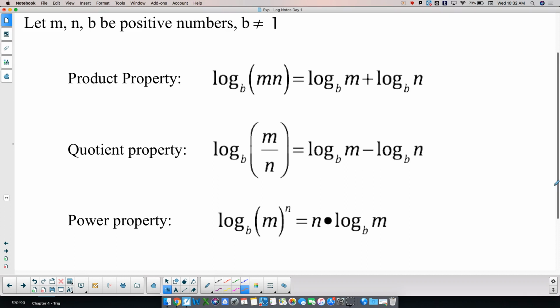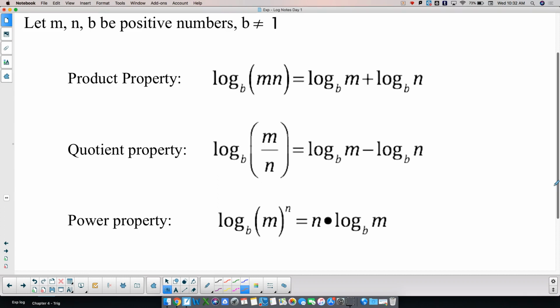Don't really use it. Okay? But we will use it going back to the left, and that's called condensing logs. Okay? When we take multiple logs with the same base, and we condense them into one log.